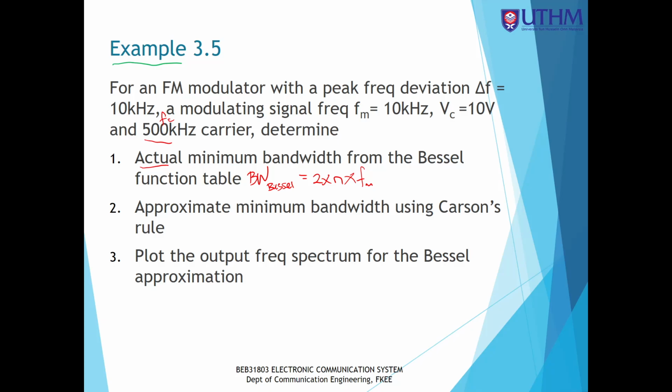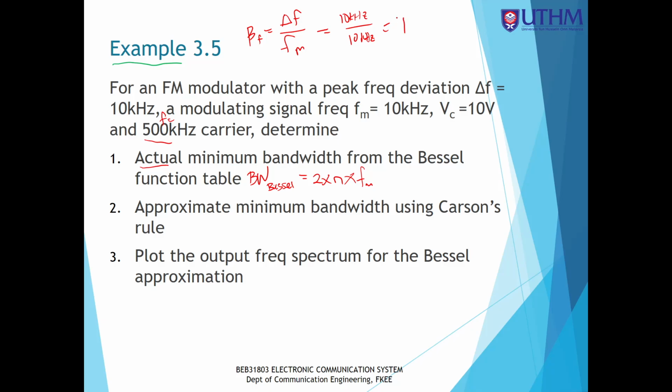In order to find the value of n, we need to determine the value of beta. Beta F is equal to delta F divided by the modulating frequency, which is 10 kilo over 10 kilo also.